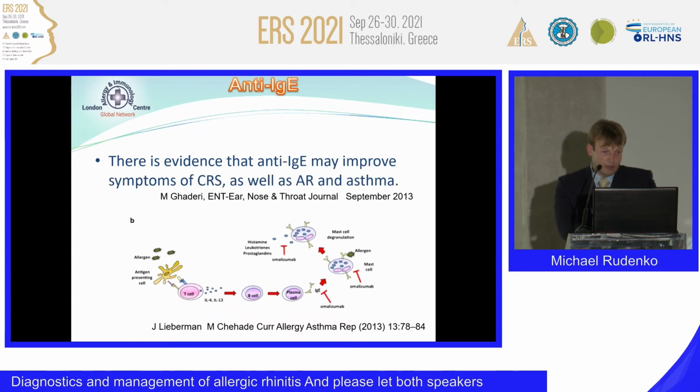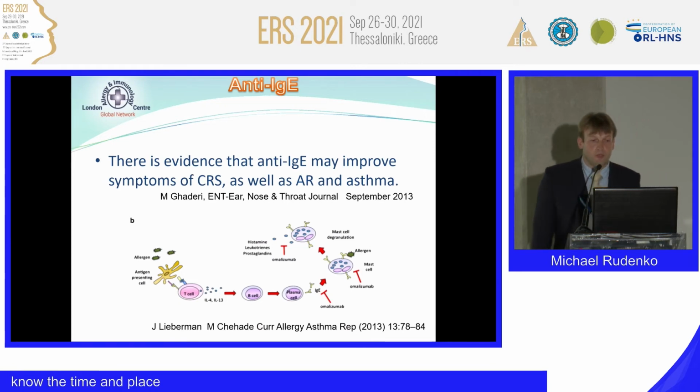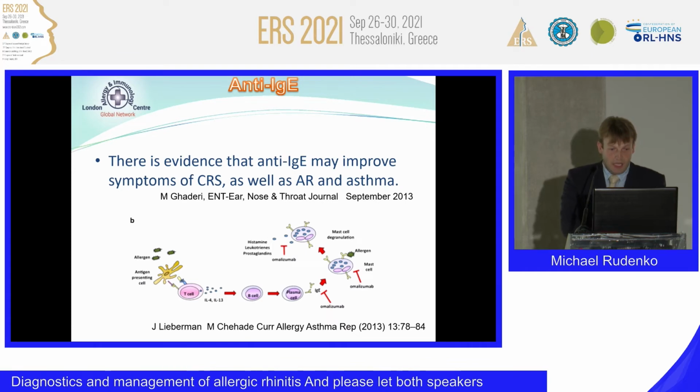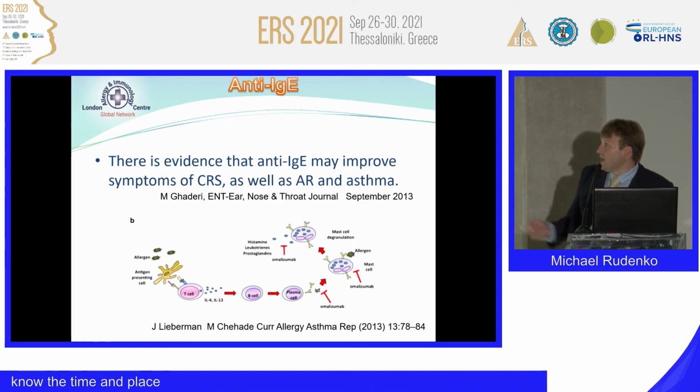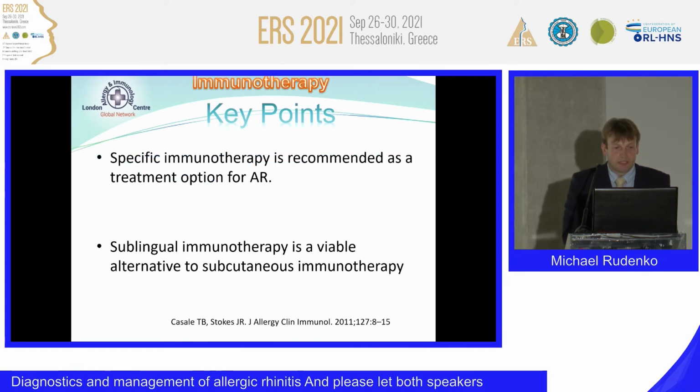So we can see the evidence in chronic rhinosinusitis with asthma, as well as allergic rhinitis and asthma. They block free circulating specific IgE, and eventually we can see that there is an effect on the degranulation of the mast cells and improvement in the condition.